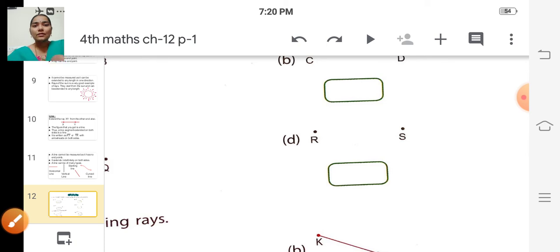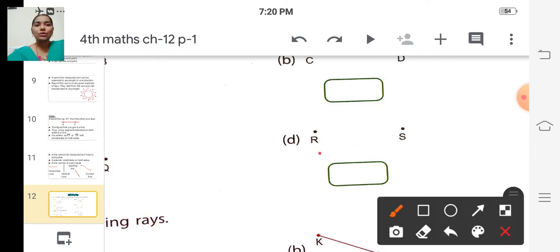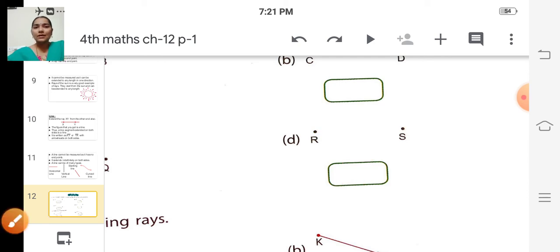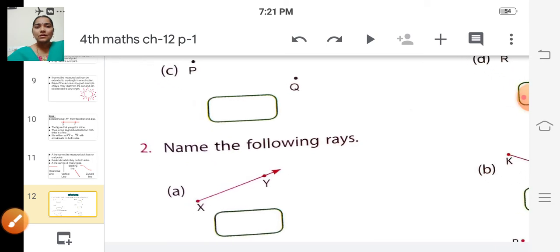The next one, 2 dots R and S. Using a ruler you join these 2 points R and S. How to name this line segment? RS bar. Is it clear? Yes. The second question, name the following rays.